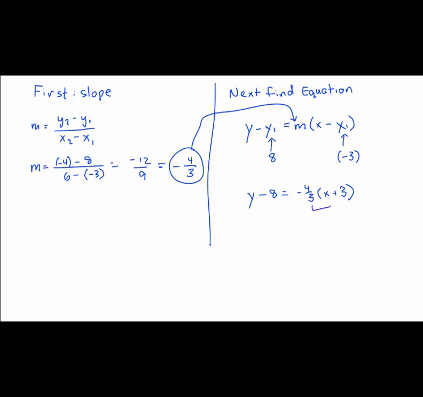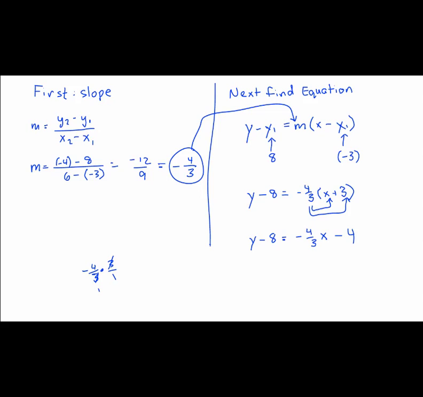I need to distribute into these parentheses. So I get y minus 8 equals -4/3 x, and then -4/3 times +3 becomes -4. If you can't do that in your head, then do it off to the side as a little calculation. I'll do it right here. -4/3 times 3 is like saying times 3 over 1.